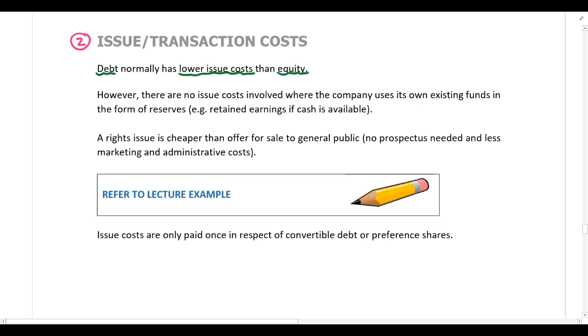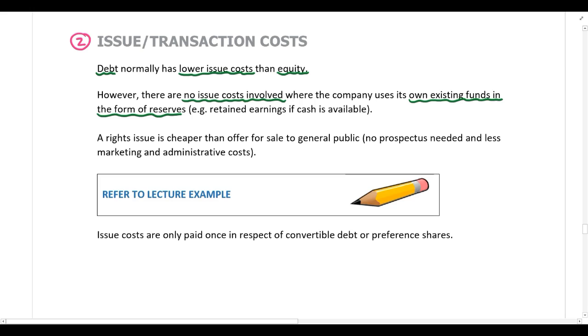It's important to note if a company is using equity finance, either they can issue new shares to raise equity finance, or if they have enough reserves and enough cash available within the company, they can use the money that's already in the company and they don't need to issue any new shares. So obviously, there are no issue costs involved if a company uses their own existing funds in the form of reserves.